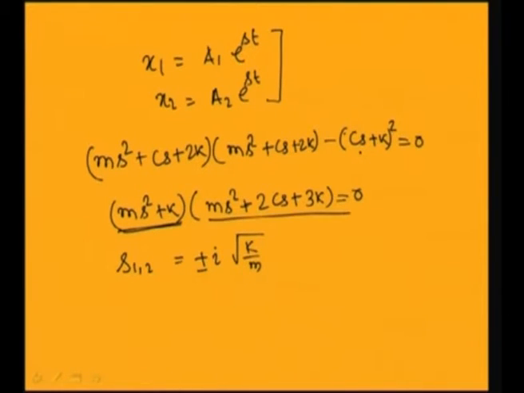and from this you can see that S34 will be equal to minus c by m plus minus root over (c by m) whole square minus 3k m. In the present case, by substituting values, S12 becomes root over k by m, where I have taken k equal to 100 Newton per meter and m equal to 1.